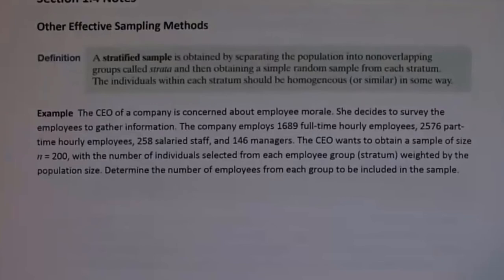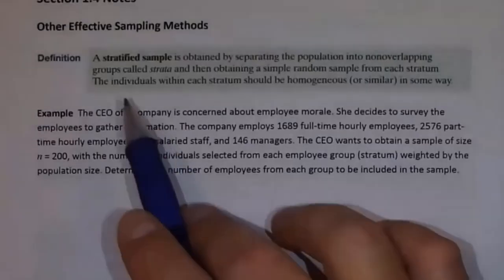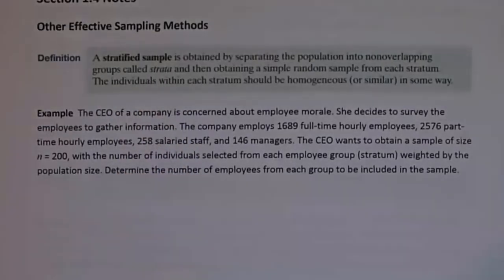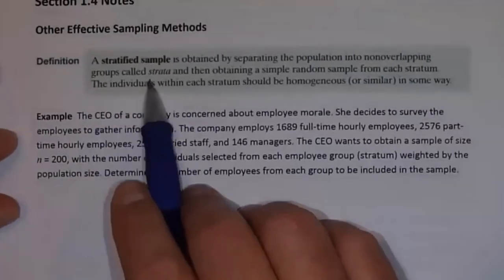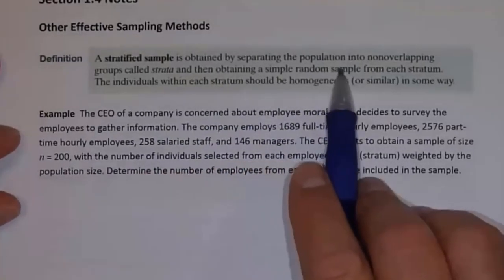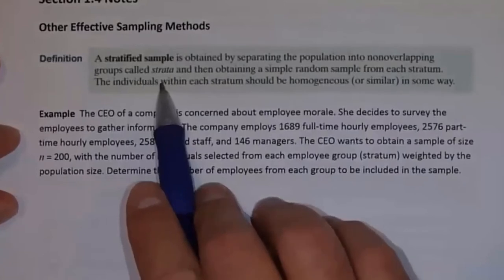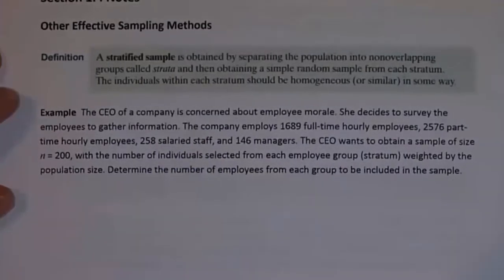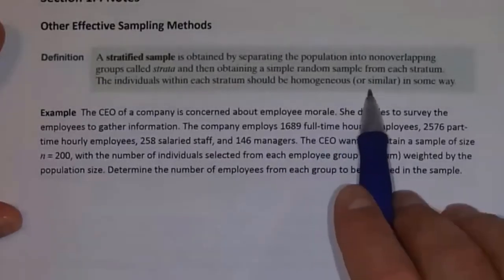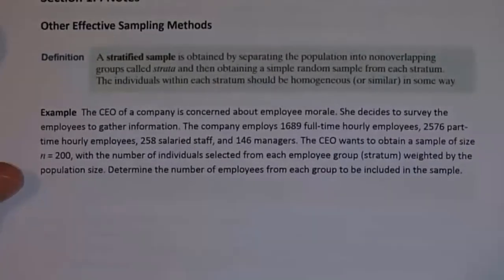That's a plural, so each group is a stratum, and that is where this word stratified comes from. So a stratified sample is obtained by separating the population into non-overlapping groups called strata, and then obtaining a simple random sample from each stratum. The individuals within each stratum should be homogeneous or similar in some way.